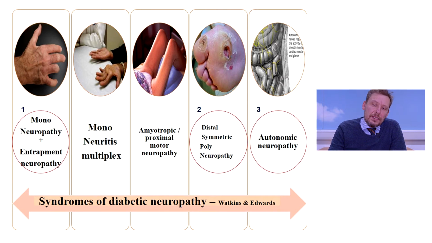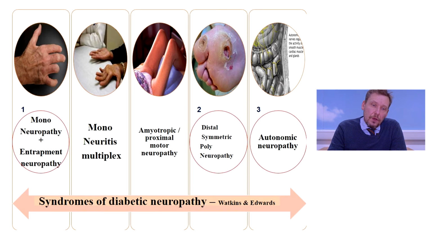So let's consider the spectrum of neuropathy first of all. As I said, we're going to concentrate on DSPN and autonomic neuropathy for the majority of this talk, but for the purposes of completion, what I am going to do is mention three other conditions which we do see in people with diabetes and are worthy of mention.